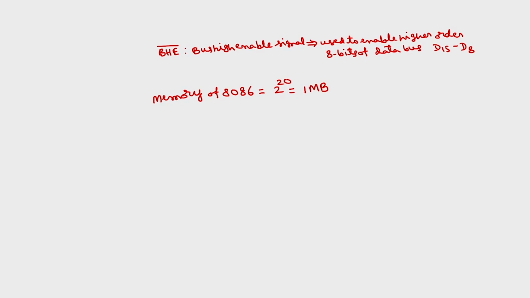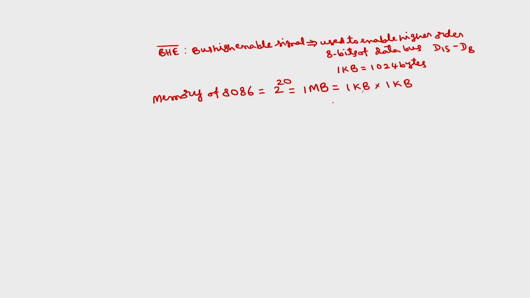In fact this is in terms of kilobytes. As I have told already, 1 kilo is not equal to 1000. In microprocessor terminology, 1 kilobyte means 1024 bytes. So this can be written as 1 kilobyte into 1 kilobyte.